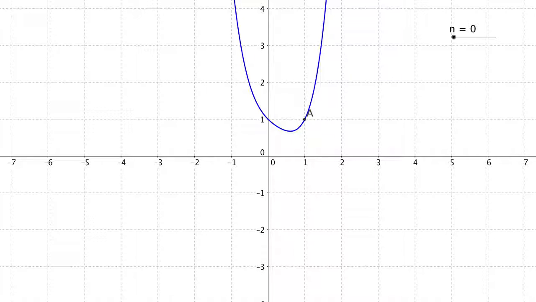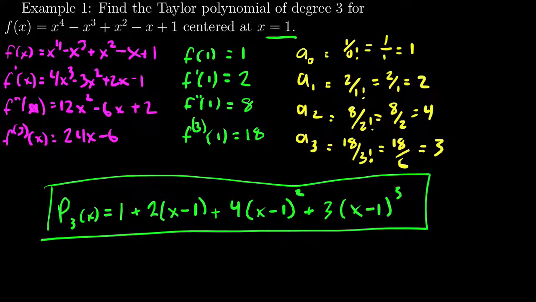So what I have here is the function, and let's get this going. That is with the first term, so that has in it 1 plus 2 times x minus 1, so it's the linear approximation.